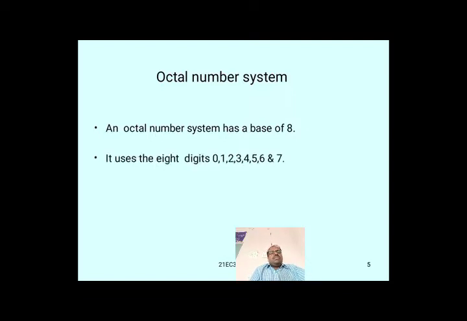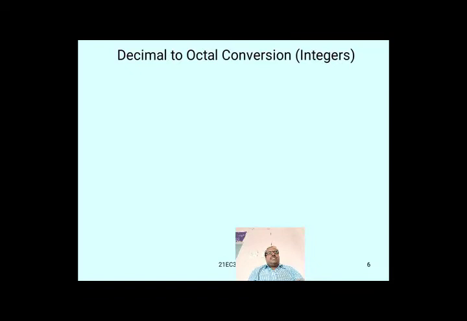It uses 8 digits: 0, 1, 2, 3, 4, 5, 6 and 7. Together these 8 digits constitute the base of the octal number system as 8. Next, we are going to the conversion, decimal to octal conversion, in integer values only.